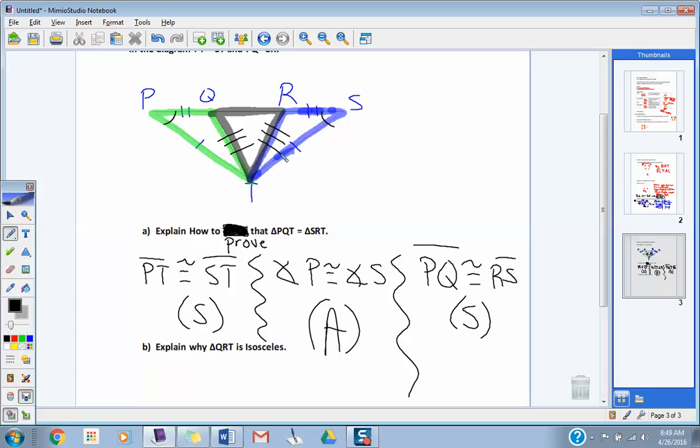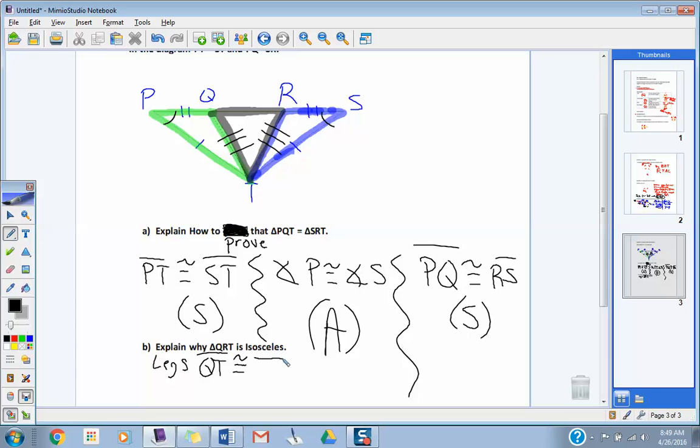So I can say, why is QRT isosceles? You would say the legs, Q to T, like me. What? Oh, okay. I thought something was amusing or funny. No, okay. What's QT equal to, kids?